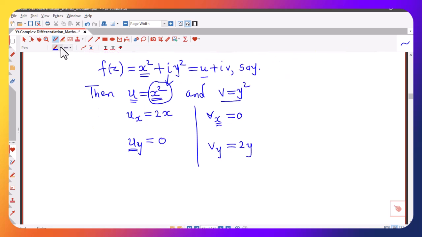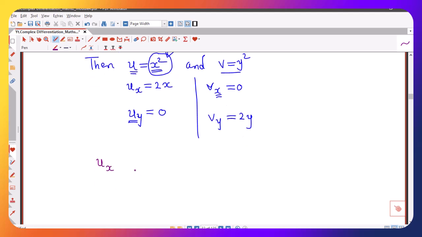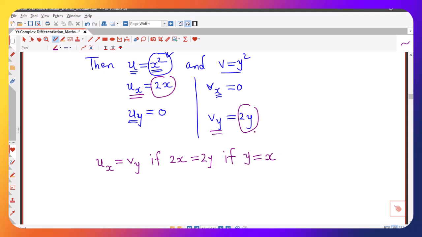Then in the next step, we determine the points at which the Cauchy-Riemann equations are satisfied. First we find out when del u by del x and del v by del y are equal. Their right hand sides are 2x and 2y, and this we can rewrite as x equal to y, or y equal to x.